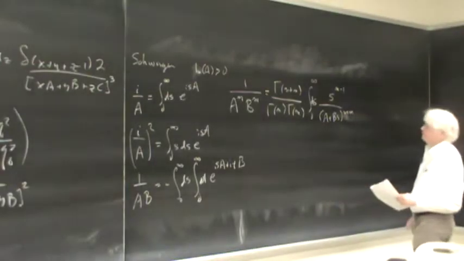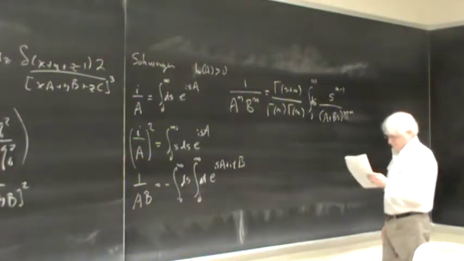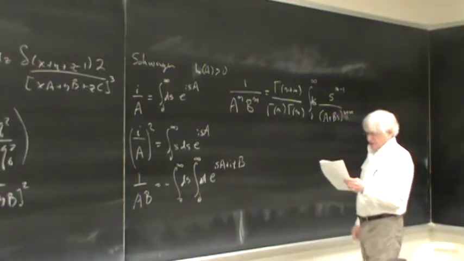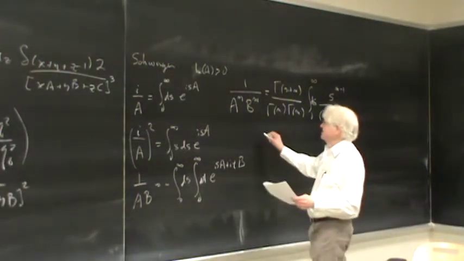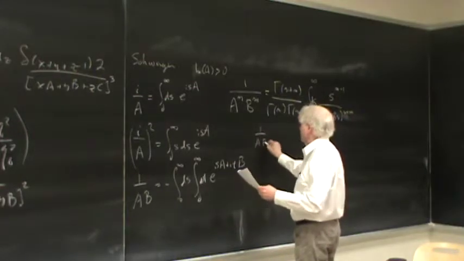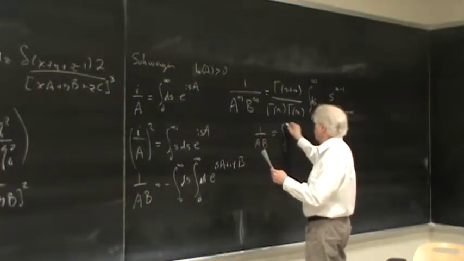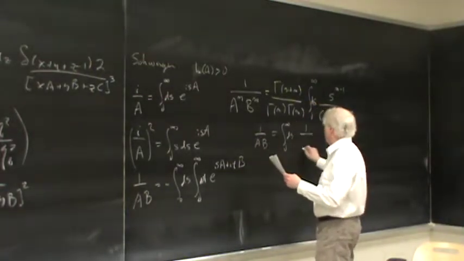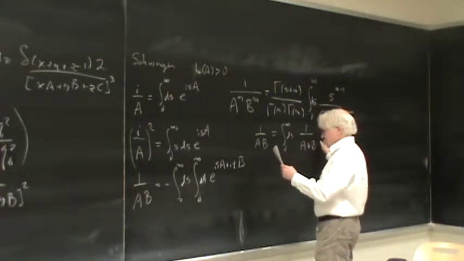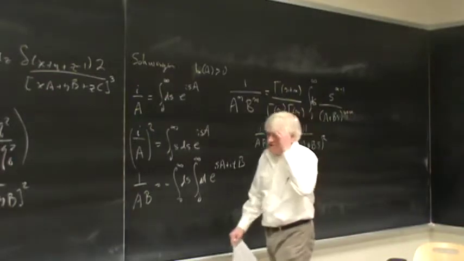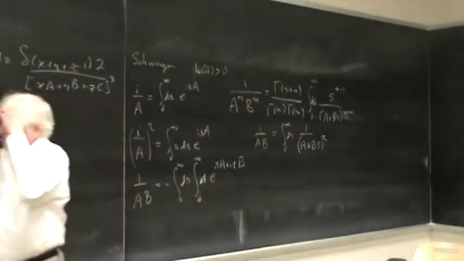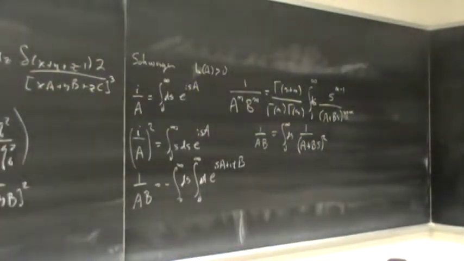And for the case n and m equal to 1, you have 1 over AB is the integral 0 to infinity ds 1 over (A plus Bs) squared. Okay. So these are some Schwinger identities.